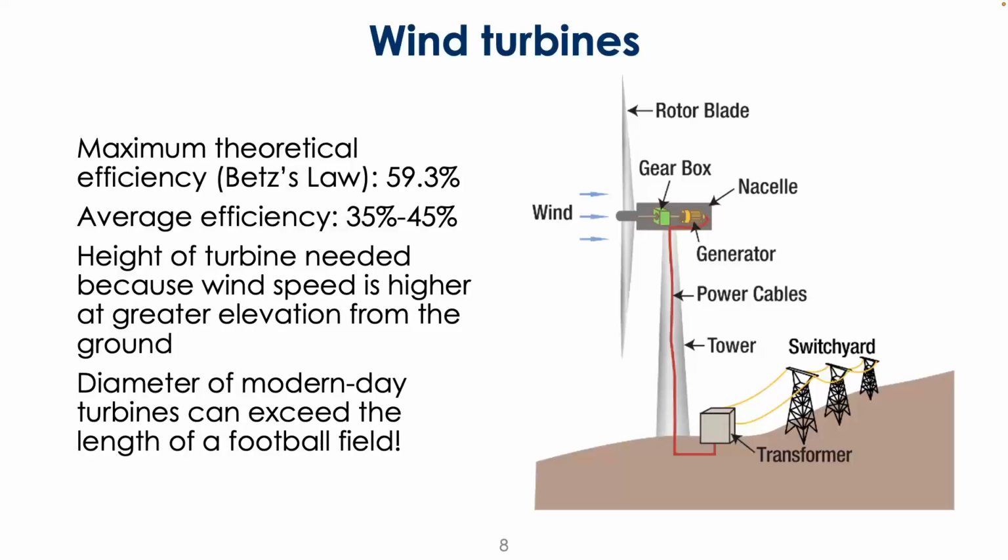And these things get really big, okay? The diameter of one of these turbines can be larger than a football field. And in fact, some of the wind turbines that they put offshore, out in the ocean, tend to be even larger. Those could be the length of like 2 football fields, for example.